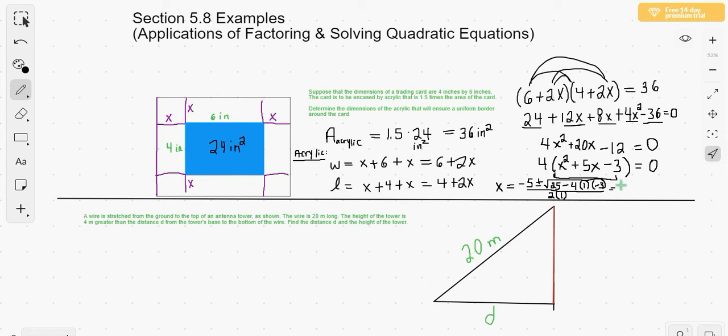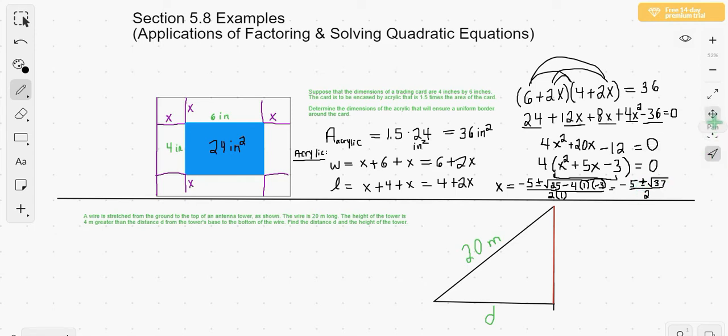Okay, and if we simplify this a little bit further, we get negative 5 plus or minus the square root of 25 plus 12, because the two negatives make a positive, so we get 37, over 2. And now notice, like I said, we get two answers out of this, but one of them is going to be negative, so it's not really going to make sense in our problem, so we only consider the positive one. The positive one comes from the plus sign instead of the minus in our plus or minus sign.